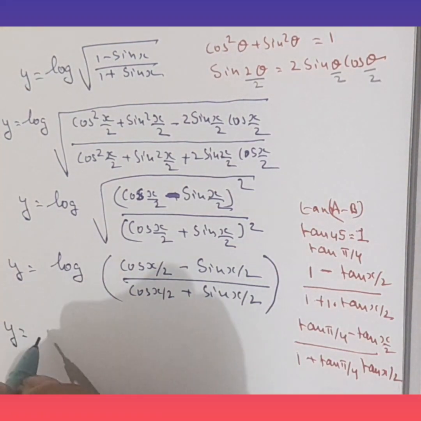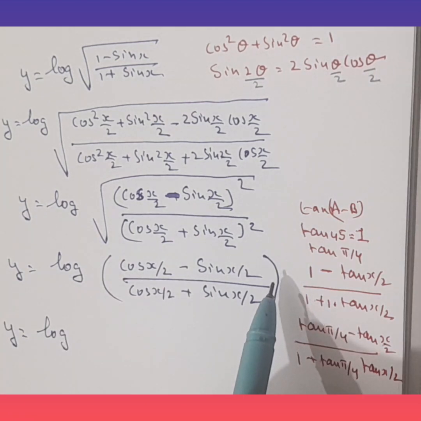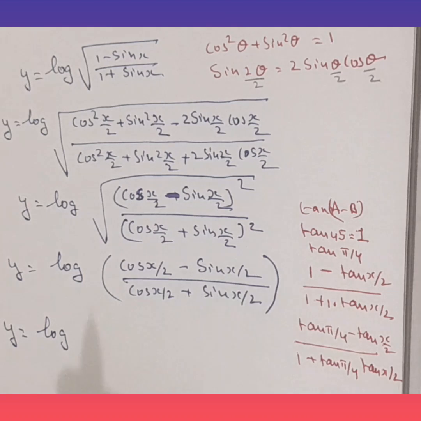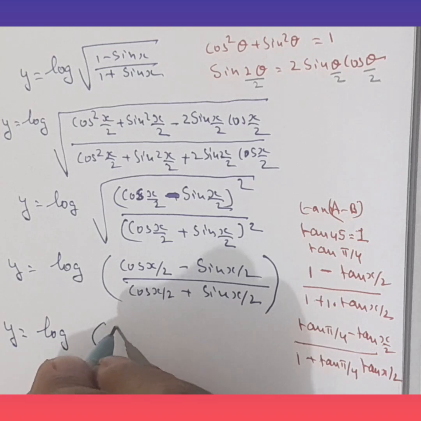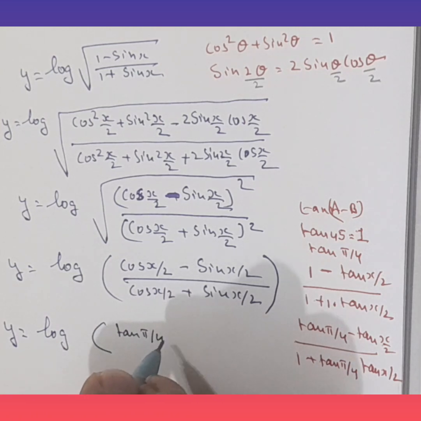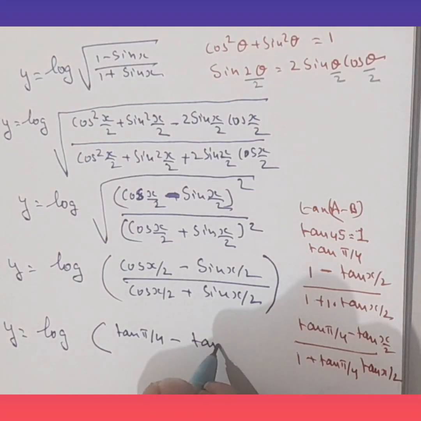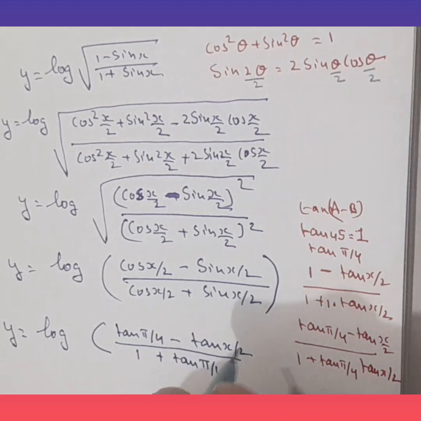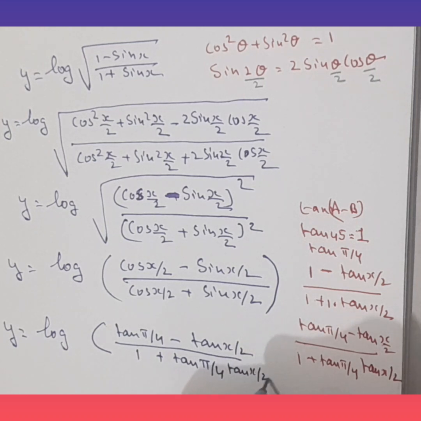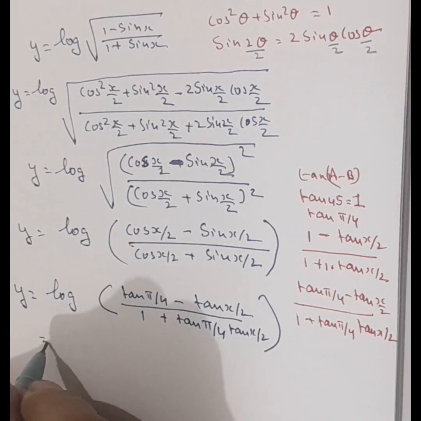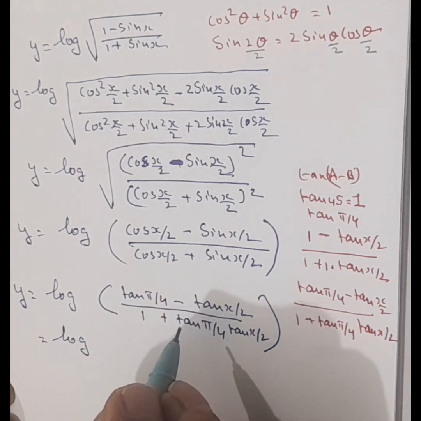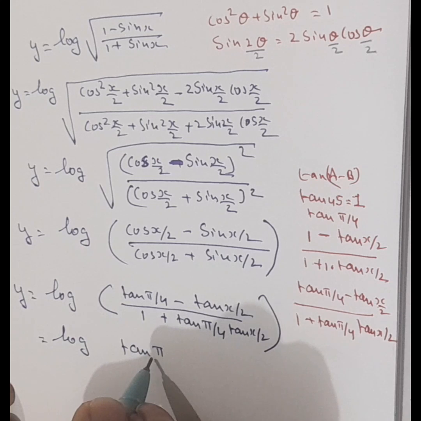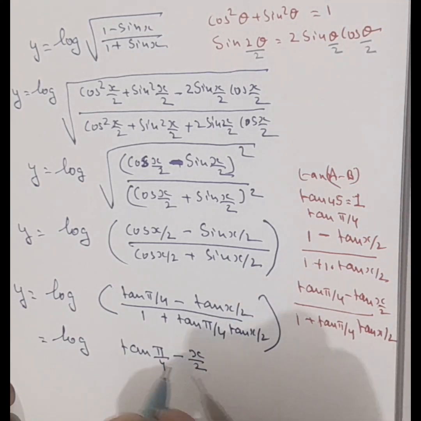Alright, so y would be equal to log of, I am not mentioning here that we divided and multiplied by cos x by 2, but it is understood. So we end up with, this obviously is the formula for tan a minus b.